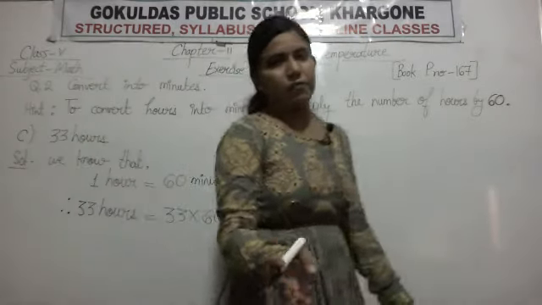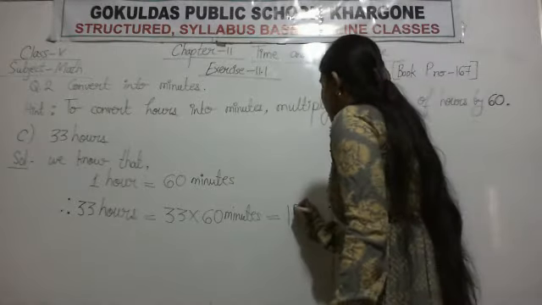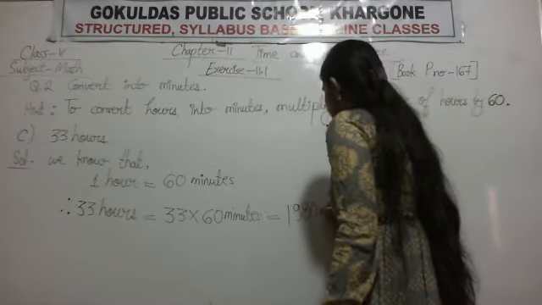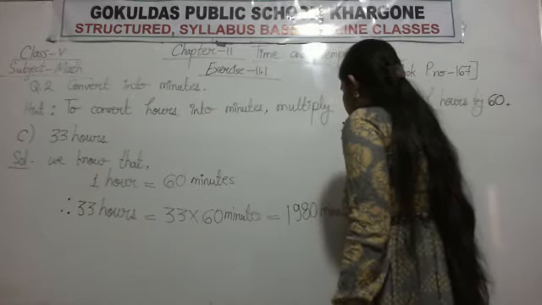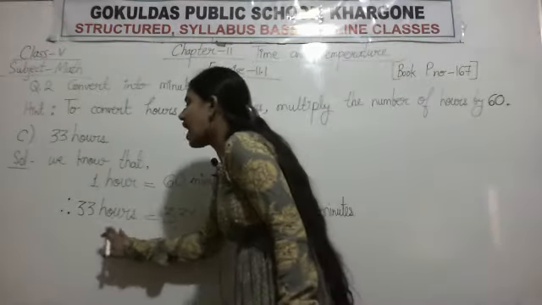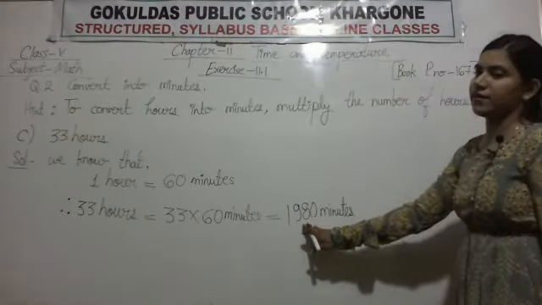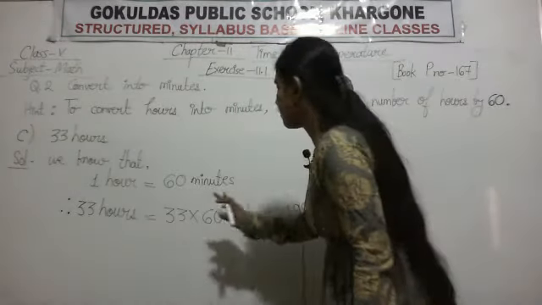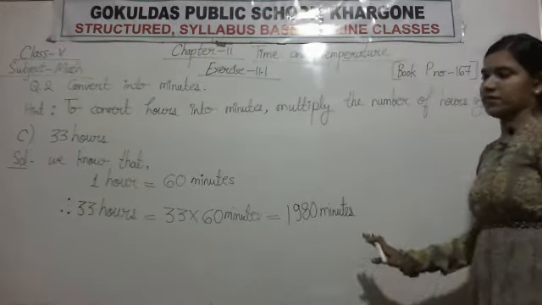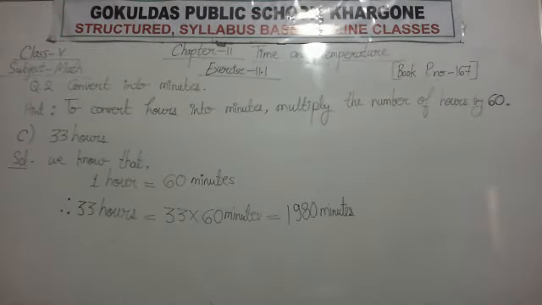When we multiply them, my result is 1980 minutes. It is my final answer. So 33 hours means 1980 minutes. Take the screenshot so that you can write properly in your classwork copy.